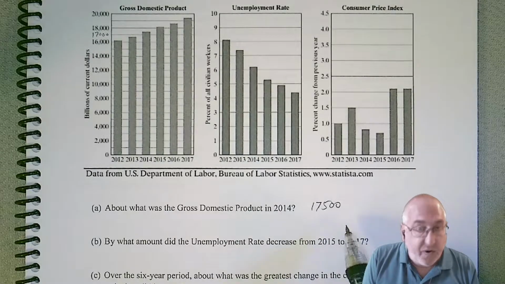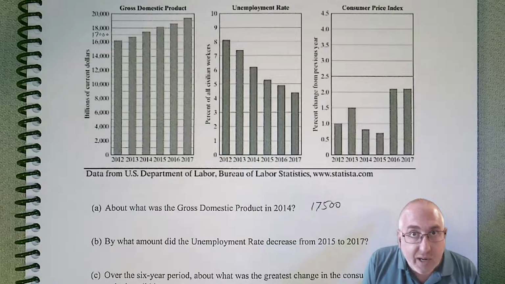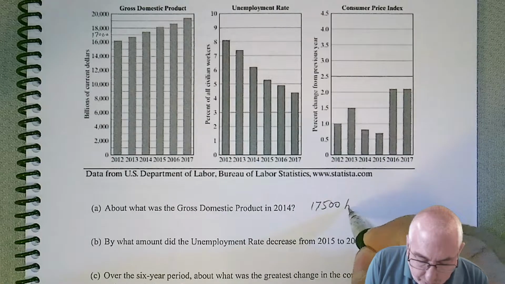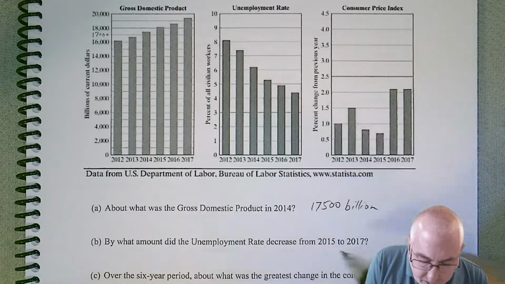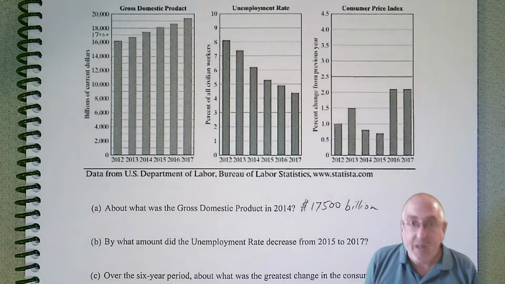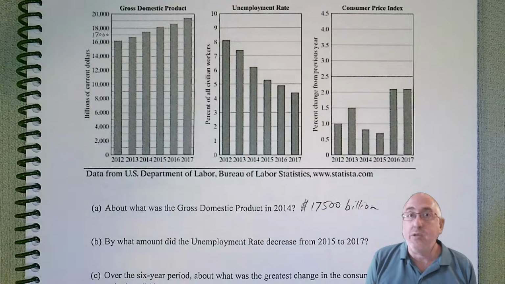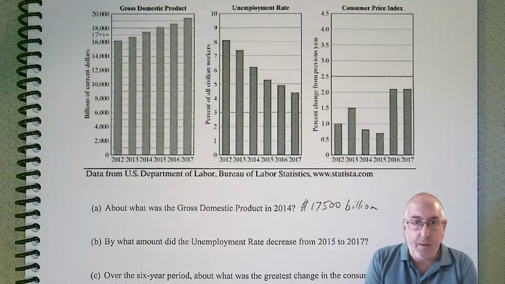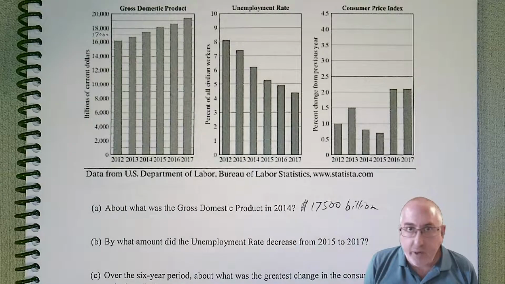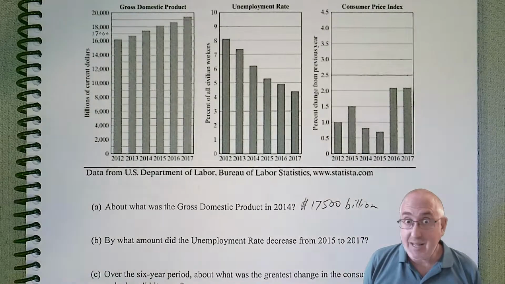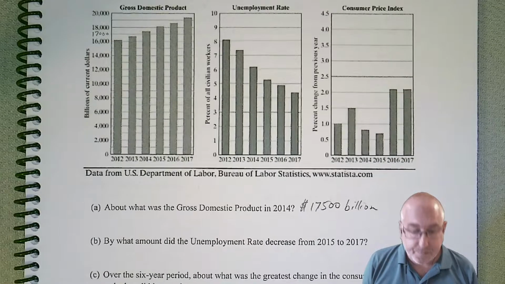Now, if you're not sure how many zeros you're going to need to write, all you have to do is just write the word billion. And don't forget the dollar sign. So we have the billions, we have the dollars, so we're covered. If you want to try to make that pretty, you can, but I think that's satisfactory in my book. That's all they want for that question.